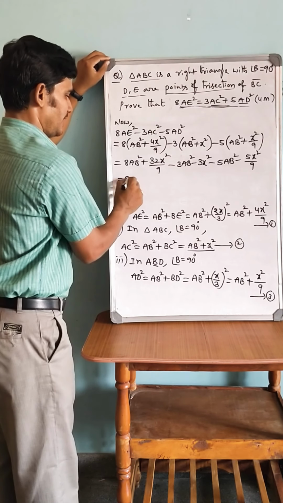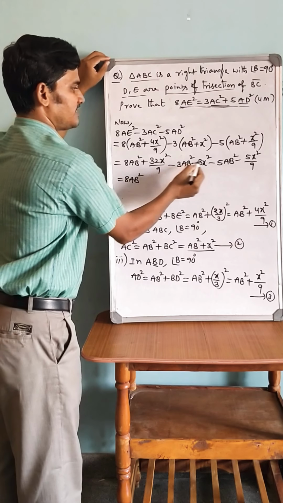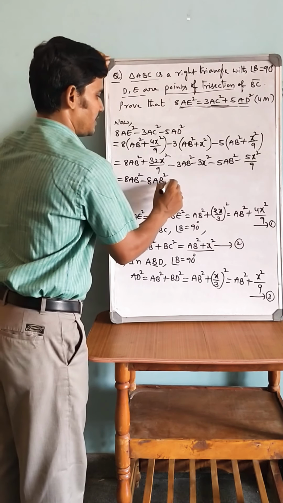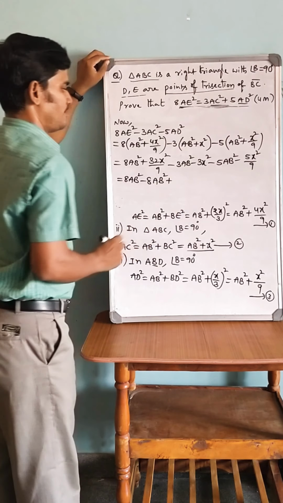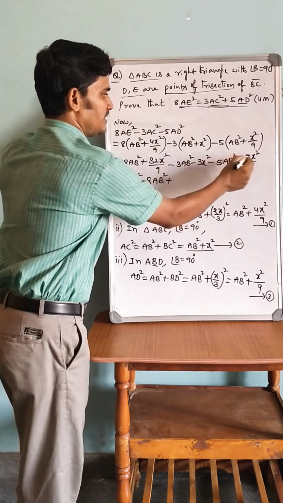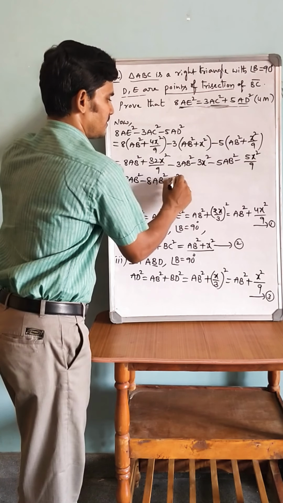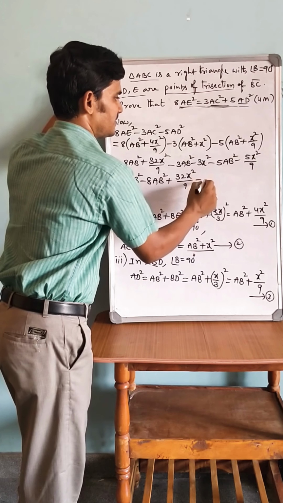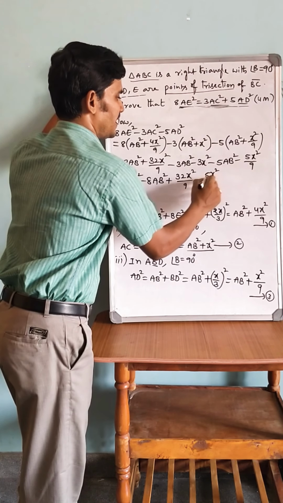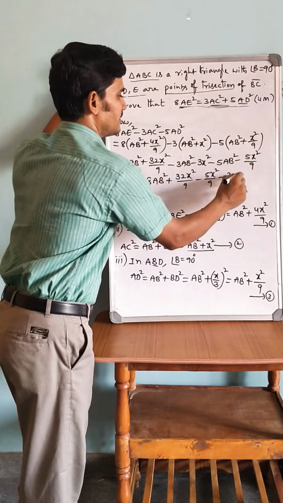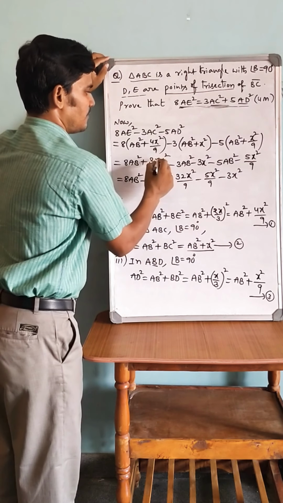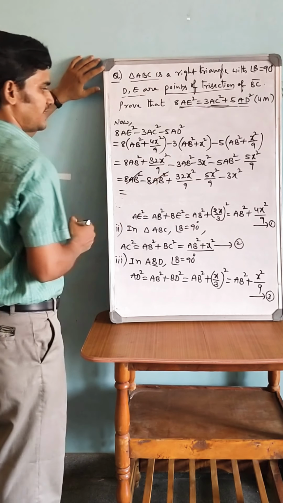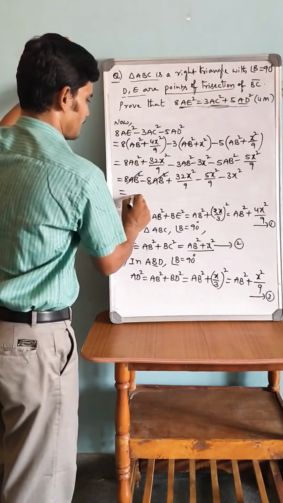See, 8 AB square minus 3 AB square minus 5 AB square becomes 0. Again, write down all these x square terms together: 32x square by 9 minus 5x square by 9 minus 3x square. I have written all three together there. The AB square terms get cancelled, as you can observe.